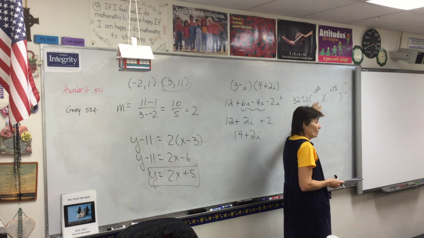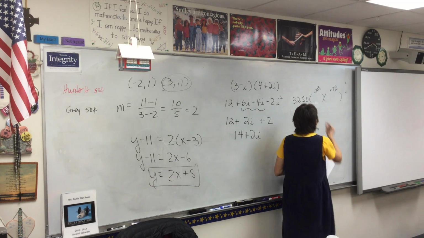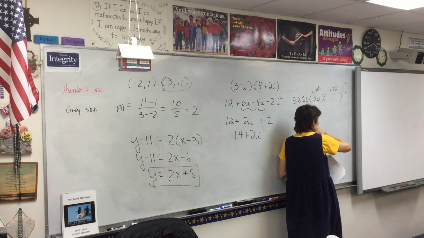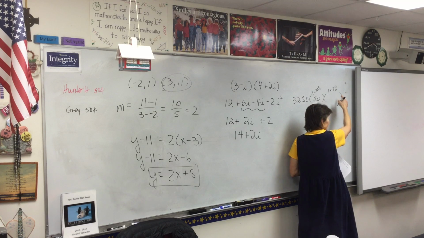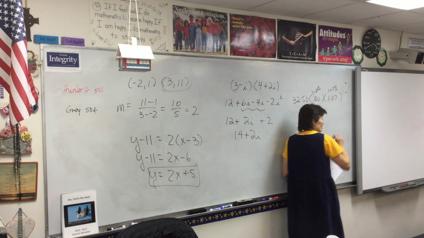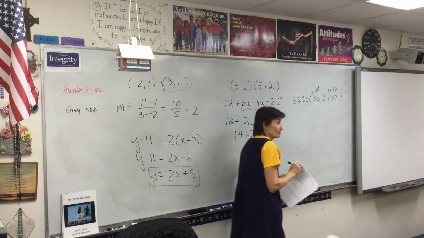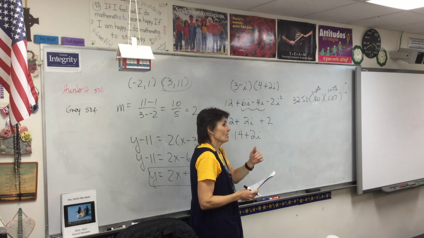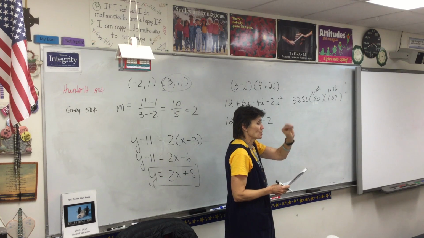0.20. No. I multiply by 0.8. It's 1 minus 20% and 1 plus 7%. So 1.07. Do not ever use the actual percentage in the problem.